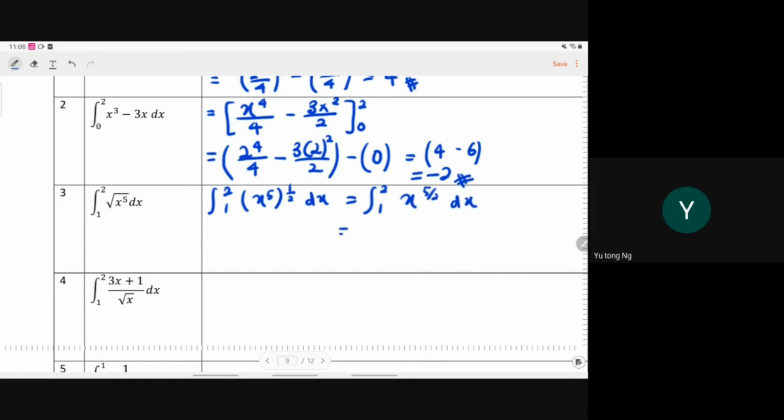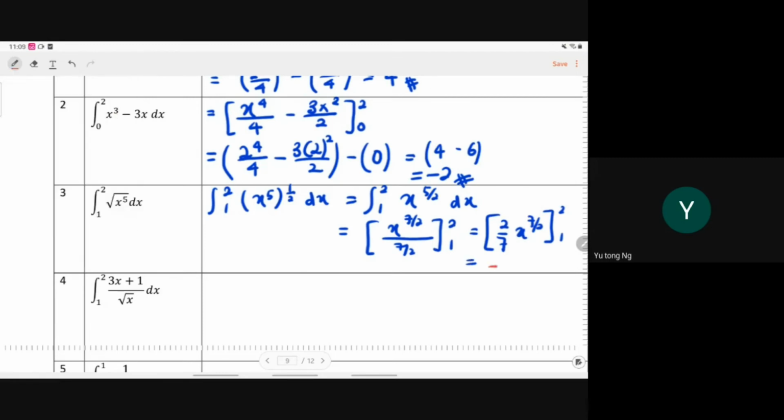So baru boleh integrate. So x to the power of 5 over 2 bertambah 1, so akan jadi 7 over 2 over 7 over 2, which is equals to 2 over 7 x to the power of 7 over 2 between limits 2 and 1. Nanti cuba kirakan apa jawapan dia.